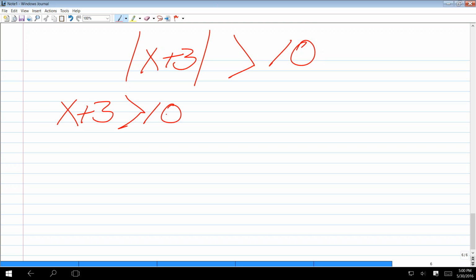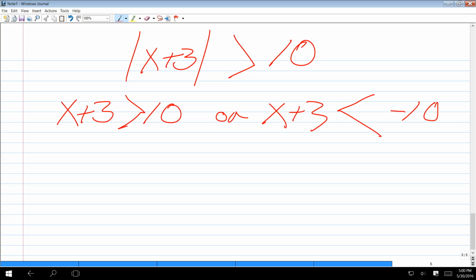In other words, this left side is always exactly how you've written it without the absolute value sign. Never change what's in the middle. Always leave that the same. But now the right side of it, you have to do two things. You have to not only make it a minus 10, but you have to change the direction of the inequality.